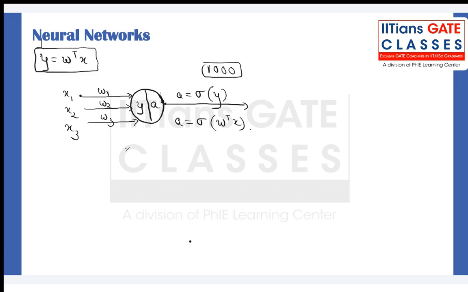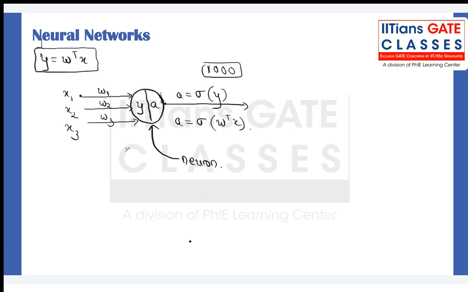This entire structure is called a neuron. And why is it called a neuron? Because, as you know, neural networks were first designed to imitate the human brain, right?